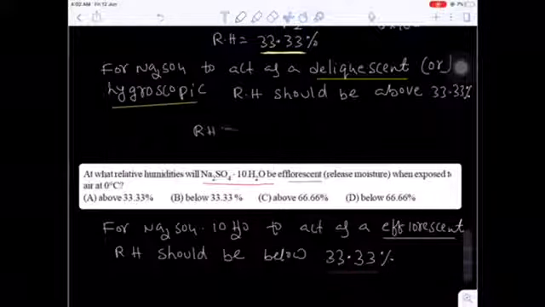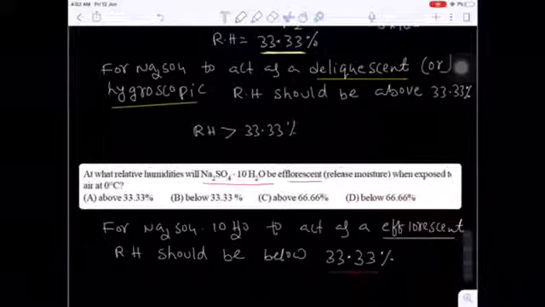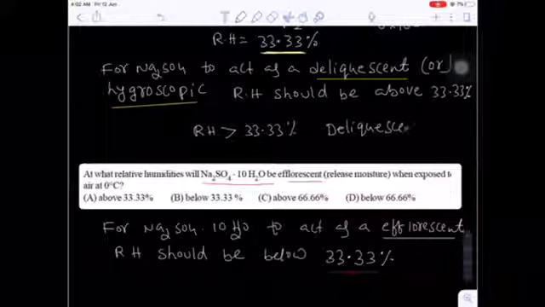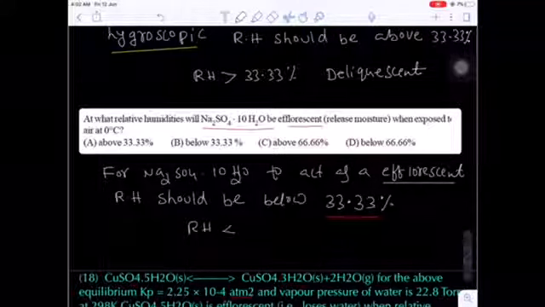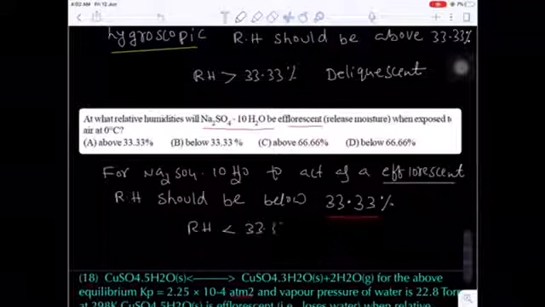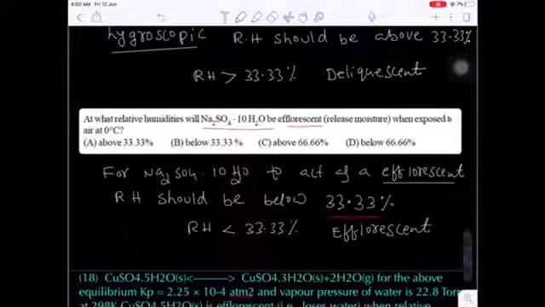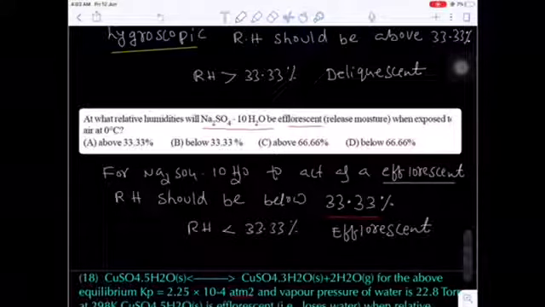If the relative humidity is greater than 33.33%, the compound acts as a deliquescent. Be clear? If the same compound is there but the relative humidity is less than 33.33%, then the compound acts as an efflorescent. At 33.33% relative humidity, the compound will neither act as a deliquescent nor as an efflorescent.